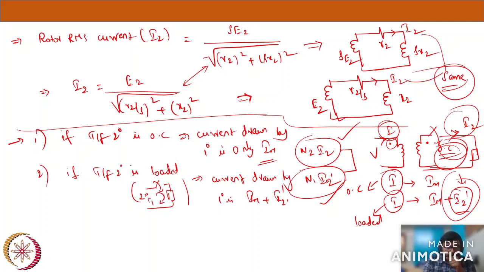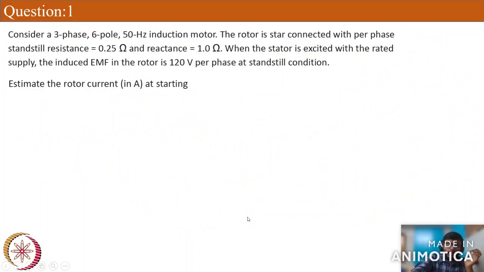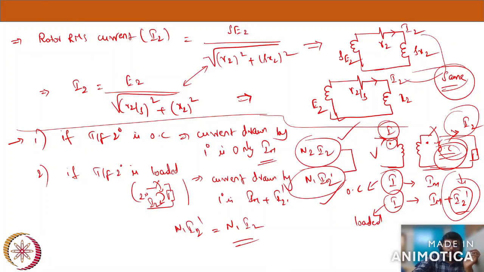If it's I2, then it's I2 dash. My primary will not sit silently, but it will immediately react by drawing some extra current I2 dash, such that MMF balance will occur. That is, N1 I2 dash will always be equal to N1 I2. So this is what my concept is.